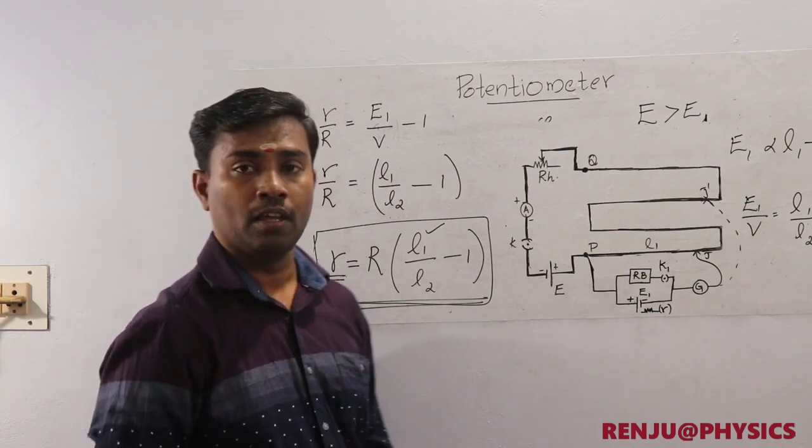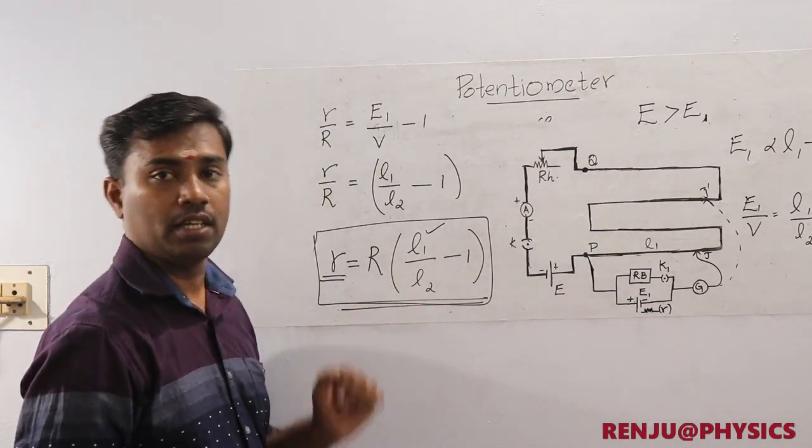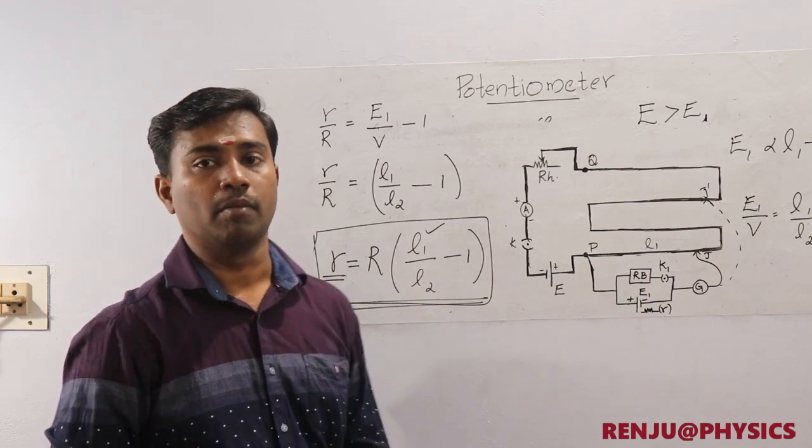This is the expression for finding the internal resistance of a primary cell.